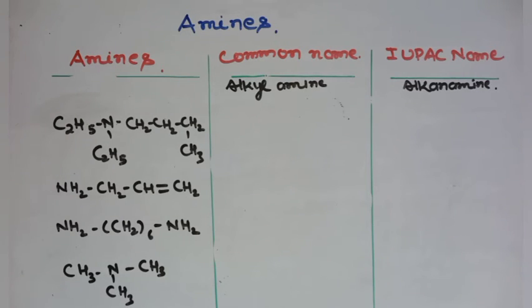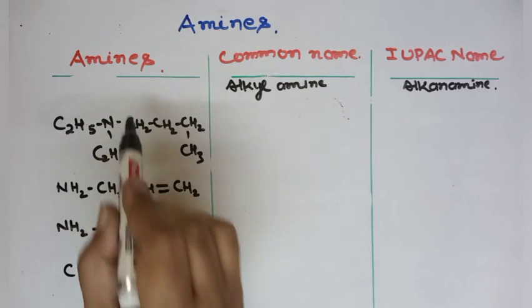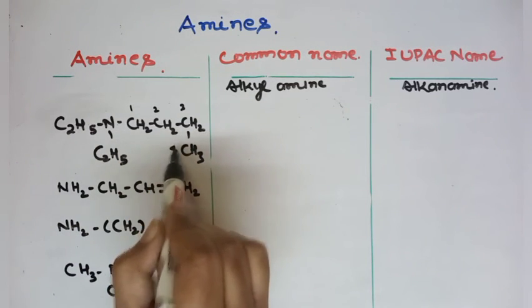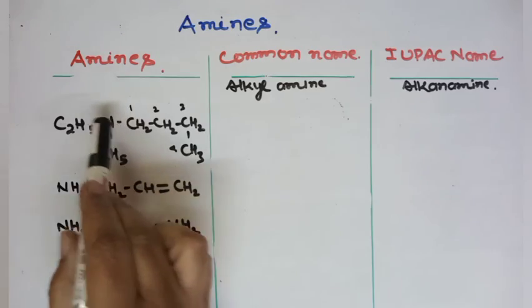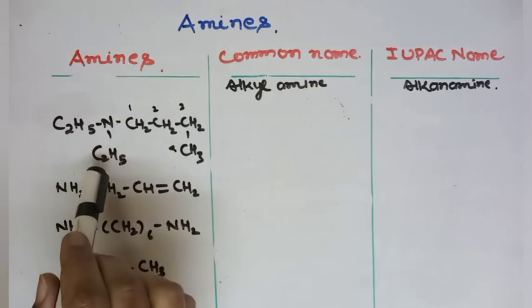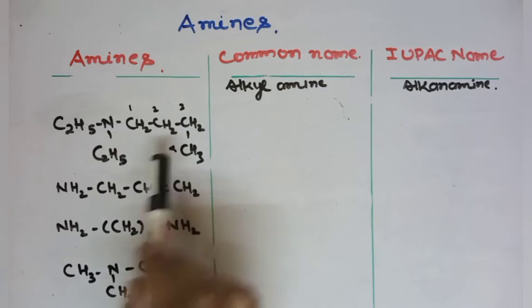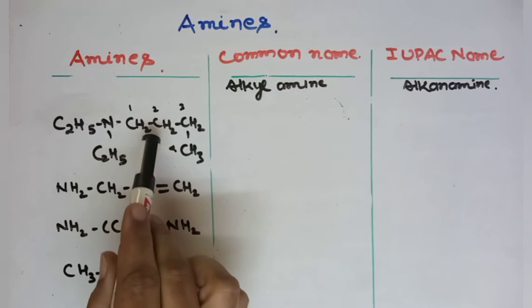Now we have some more examples. Now this compound has 4 carbon atoms in the straight chain on the right hand side and 2 ethyl groups on the left. So we have the ethyl group and this one is the butyl group.